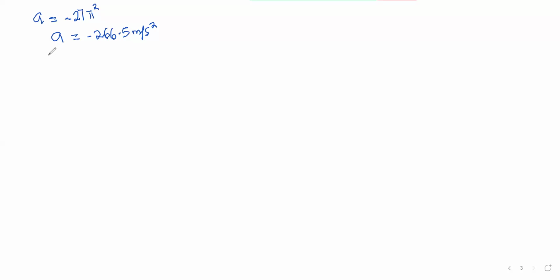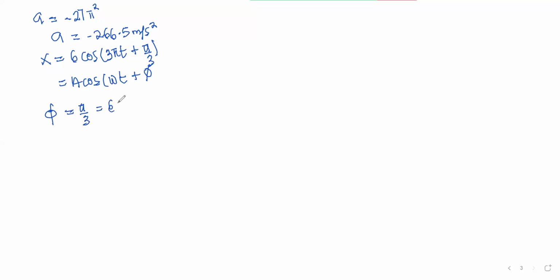Okay, so x is 6 cos(3 pi t plus pi on 3). When we compare this with A cos(omega t plus phi), we can say that phi is equal to pi over 3, which is 60 degrees. And so this is the phase constant. And then the frequency can be obtained when you compare omega to 3 pi.